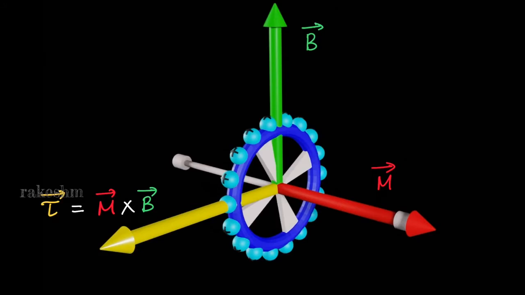I have not put any strings here, just notice that, so that you can analyze what would happen if this ring starts rotating. Okay, so let's start rotating the wheel.